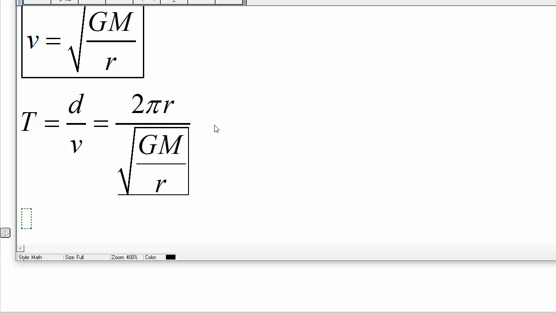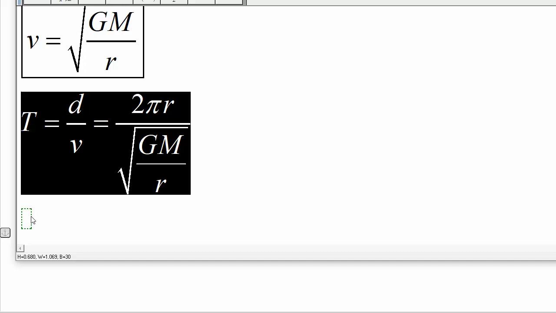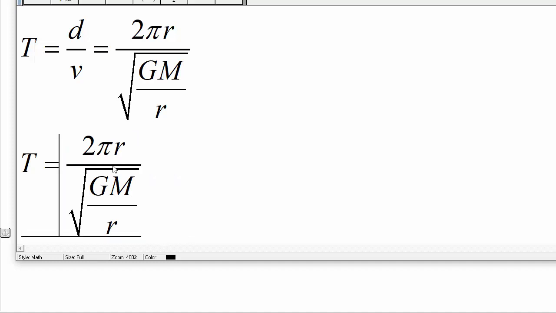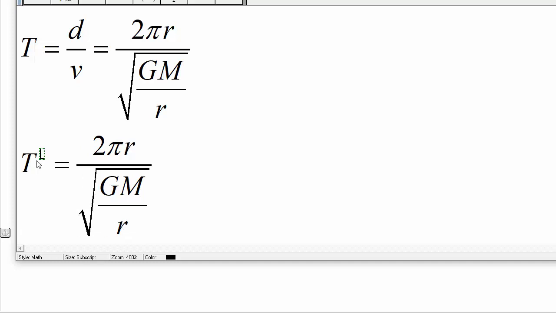If we went straight to the calculator with this formula, we'd get the correct answer, but this can be cleaned up a bit. We have an r down here and an r up here, and that's a little sloppy. So I'd like to get rid of the root symbol. Let's start by squaring everything in the equation.